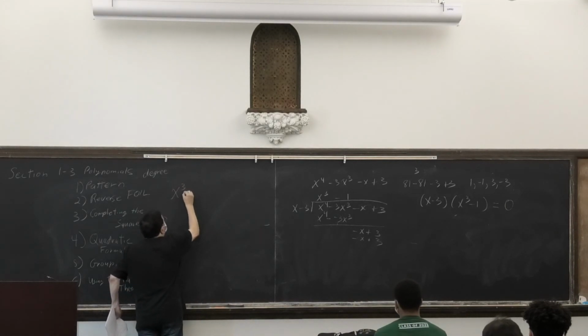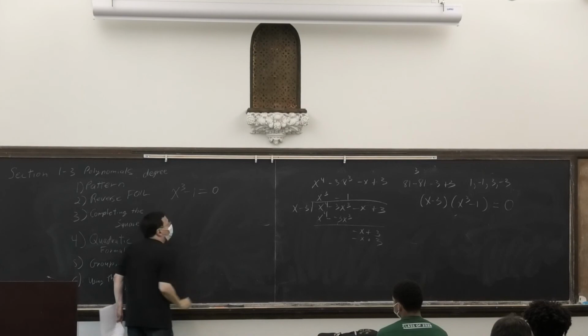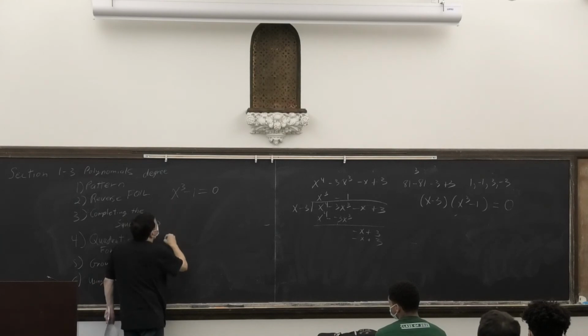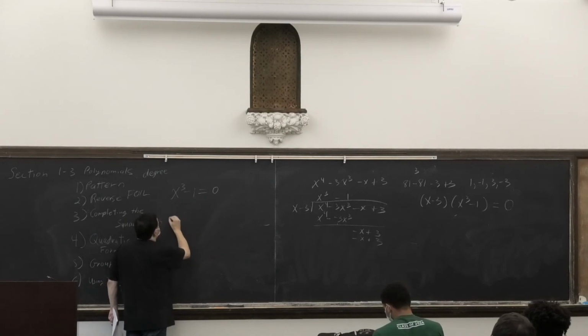x cubed minus 1 equals 0. The rational root theorem tells me possible rational roots are 1 or minus 1. 1 minus 1 is 0.